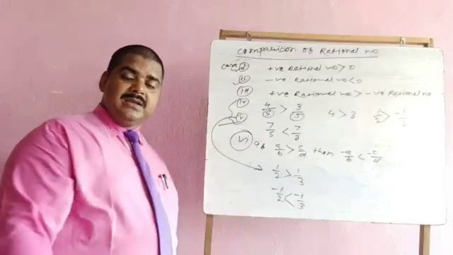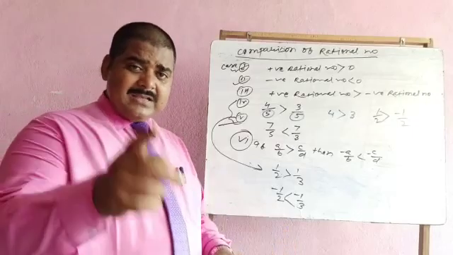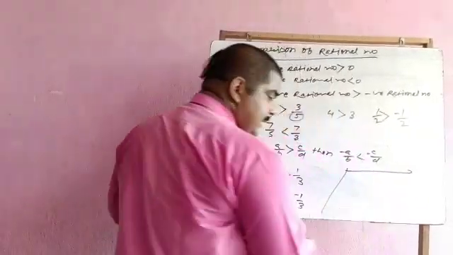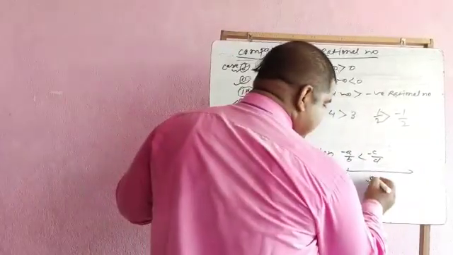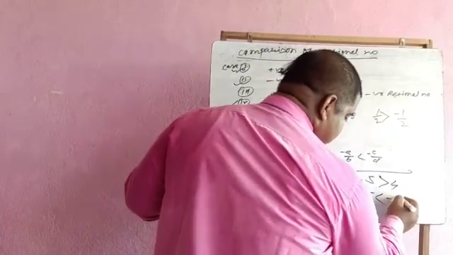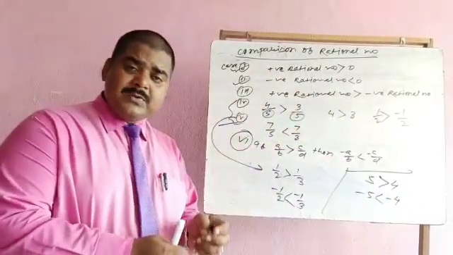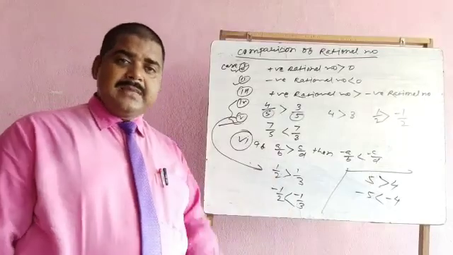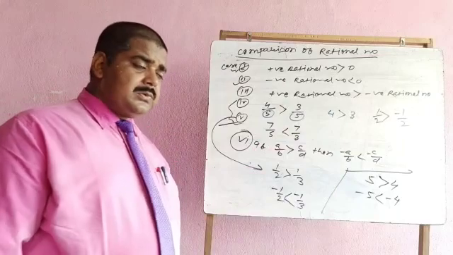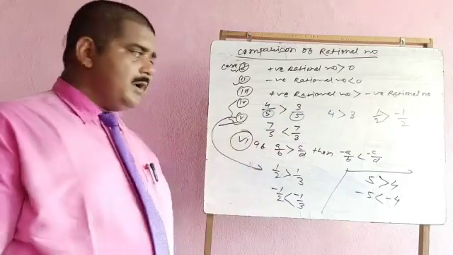You know very well that between minus 4 and minus 5, minus 4 is greater. It is also applicable in the case of integers. 5 is greater than 4, but minus 5 is smaller than minus 4. When the greater positive is converted into negative, it must be smaller than the smaller positive converted into negative.